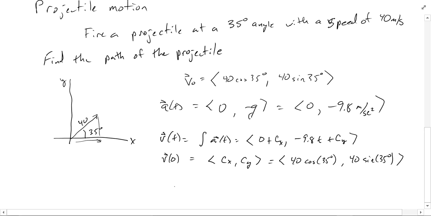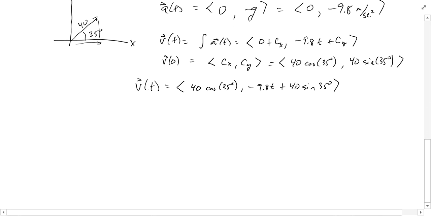Alright, so my velocity function, as a function of time, not just at time 0, would be 40 cosine of 35 degrees, minus 9.8t plus 40 sine of 35 degrees. Then if we're looking for position, we're going to take the antiderivative of velocity, and we do that term by term.